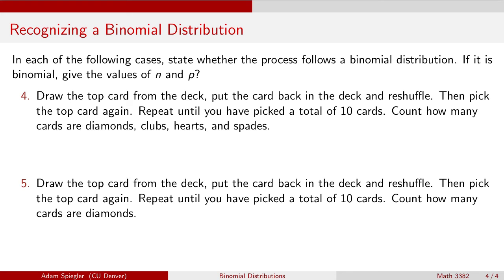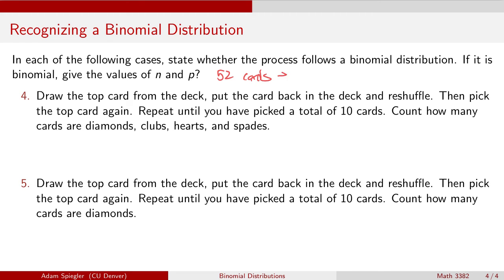Okay, so in the fourth one, again, we have a standard deck of cards. So we have 52 cards in the deck. And here what we're doing is we're going to pick a card, take a look at what the card is. And one thing that you should know about the standard deck of 52 cards is that there are 4 suits of the cards.